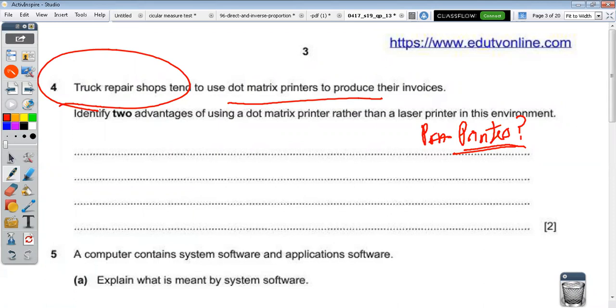A dot matrix printer works well in a noisy environment; a laser printer doesn't. So they are not affected by noisy environments.